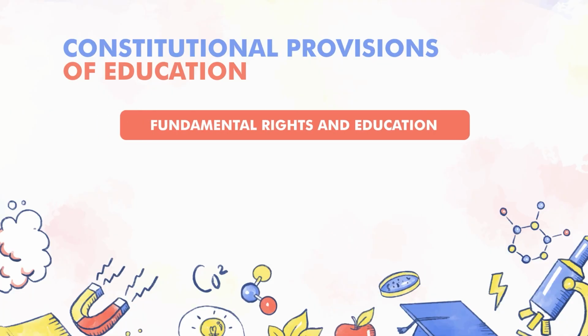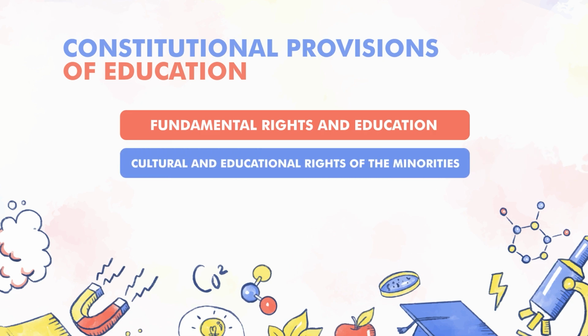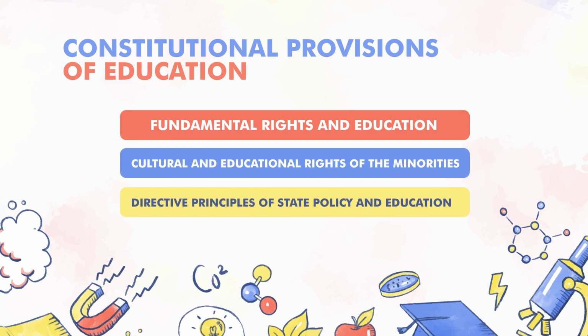So, now let me enter upon what the specific provisions of education in the Constitution are, so far as fundamental rights and education, cultural and educational rights of the minorities, and directive principles of state policy and education are concerned.